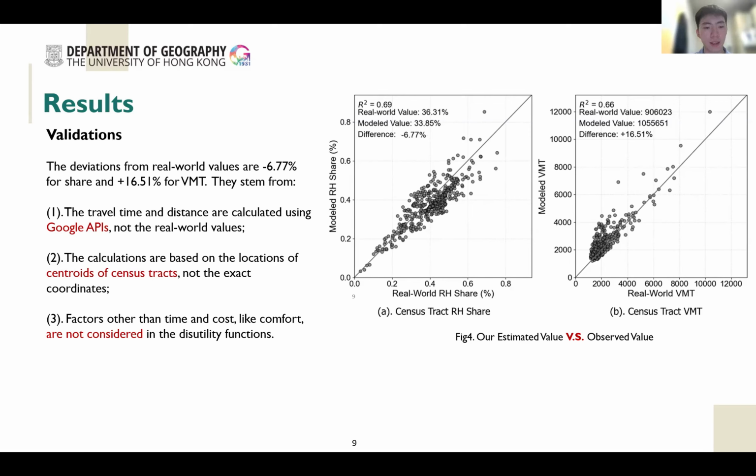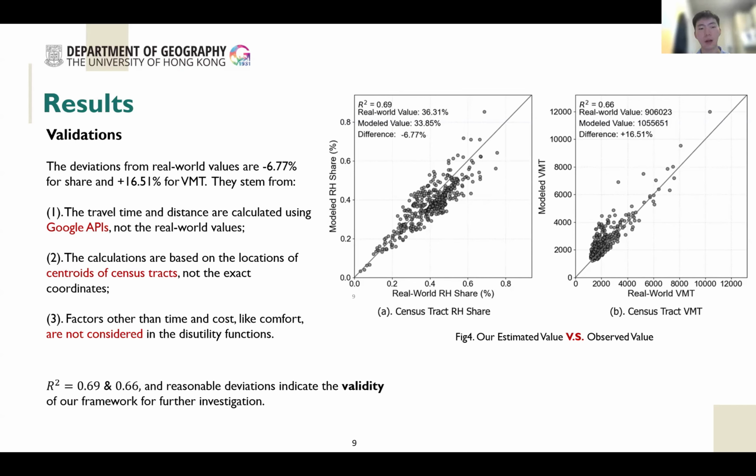And the third is that other factors beyond time and cost, like comfort and other perceptions, are not considered in the choice functions in this study. But the R square is around 0.7 for both, and the reasonable deviations indicate the validity of applying our framework for further investigations of the impacts of the price rate.